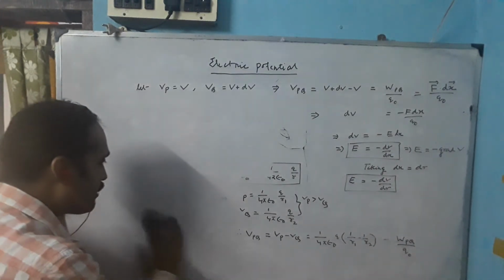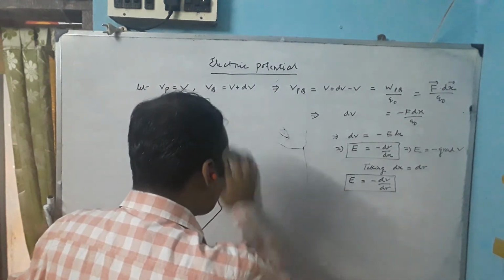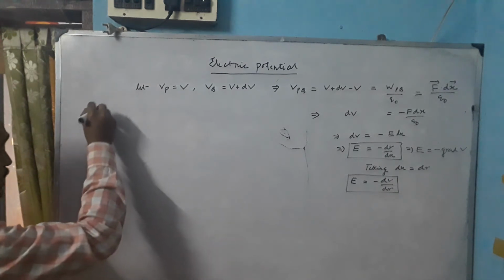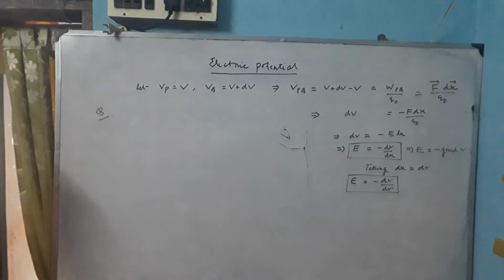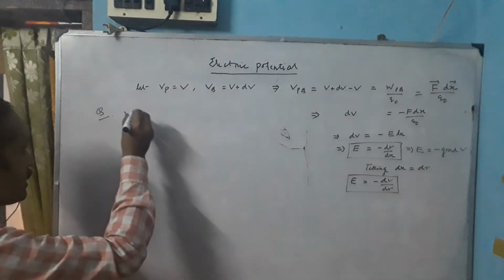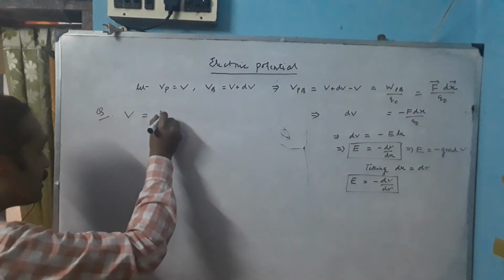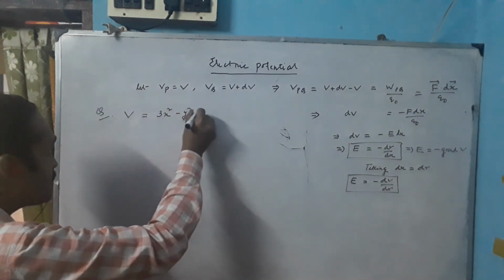Now, I will be showing you one more thing by an example, rather by a question. Suppose that the potential at a point P in space is given by this relation.